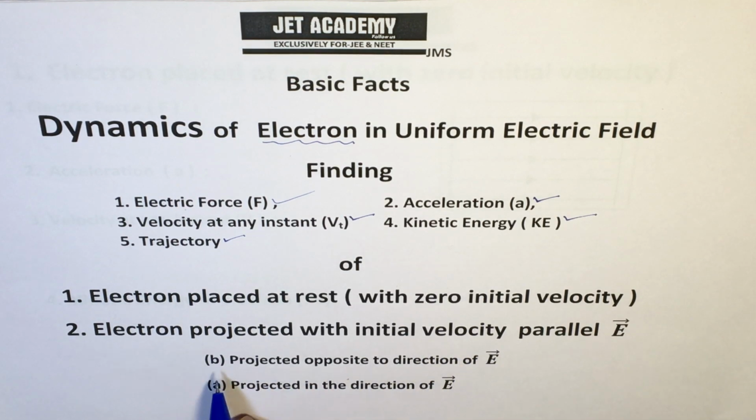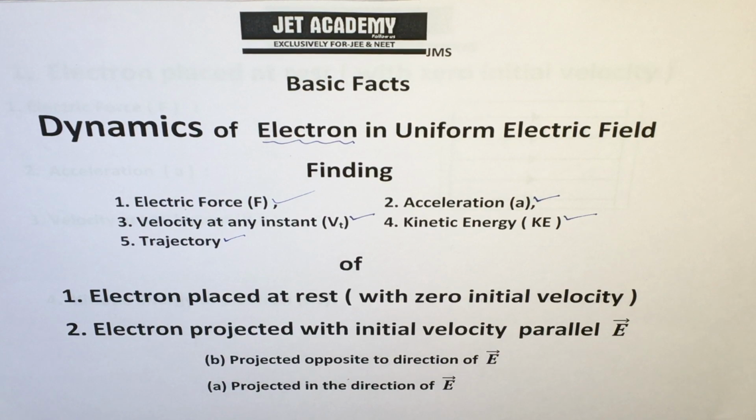Parallel means the two cases again will split. It is projected or travels opposite to the direction of the electric field, or in the direction of the electric field. There are two cases we are going to understand when the electron moves in an electric field with a certain initial velocity.